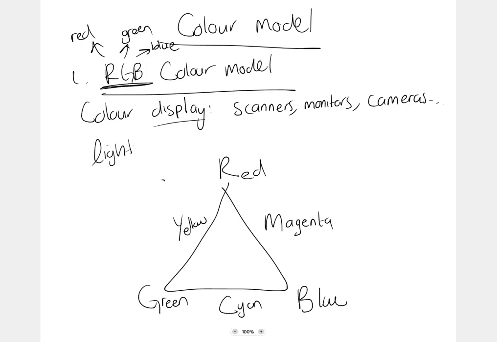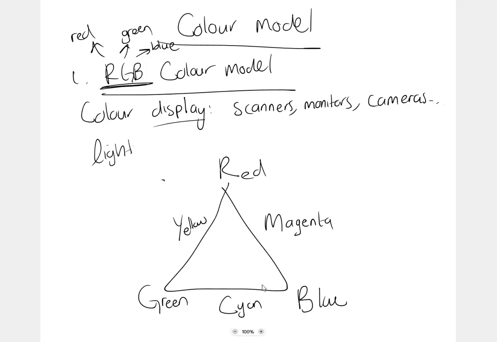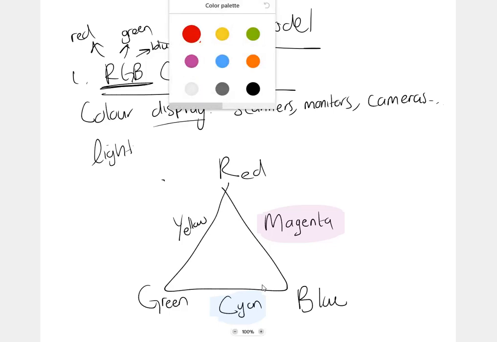Let me see if I can find the magenta. Here we go. Cyan looks something like this. Magenta is like a purple kind of thing, like this. Do you know what red is? That's red. This is yellow. This is blue. Cyan and blue are very similar, so I don't really have a blue to show you. And this is green.